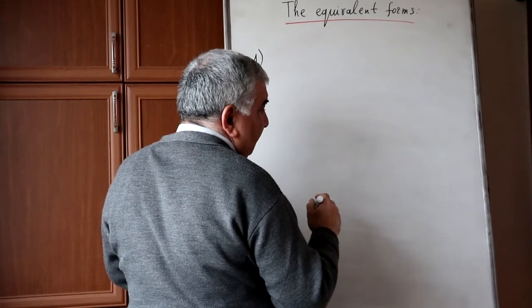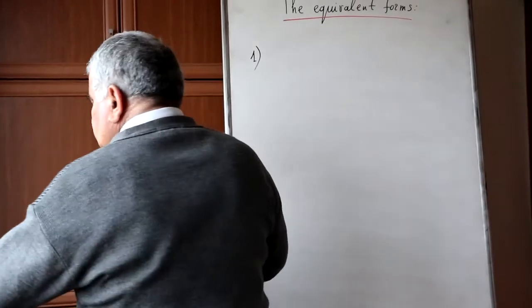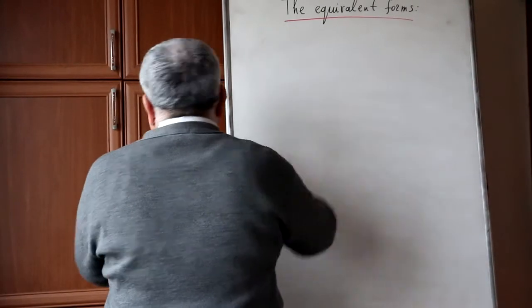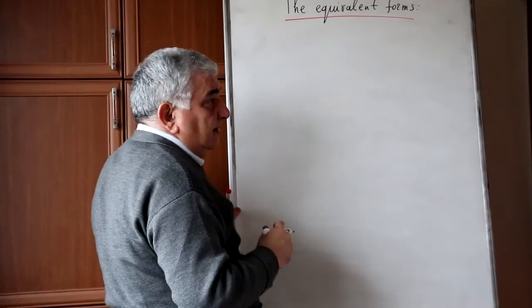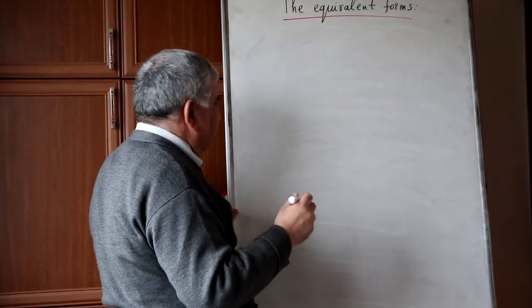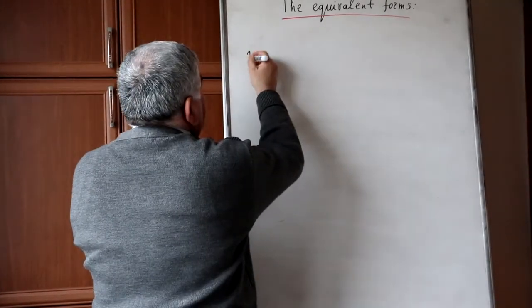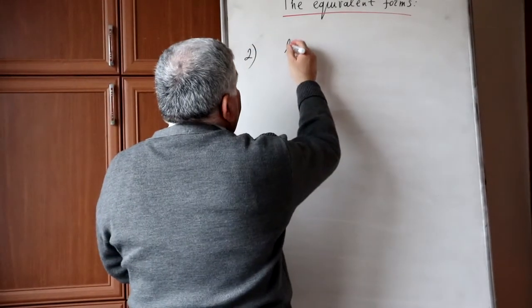Let it be the second point, because the first point is for the second remarkable limit itself. Second point for the general logarithmic function.